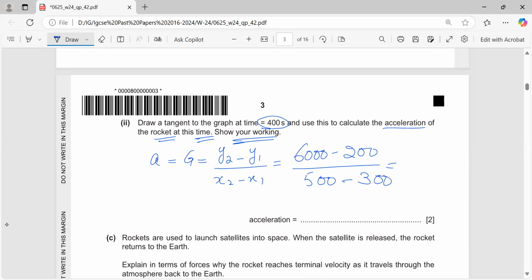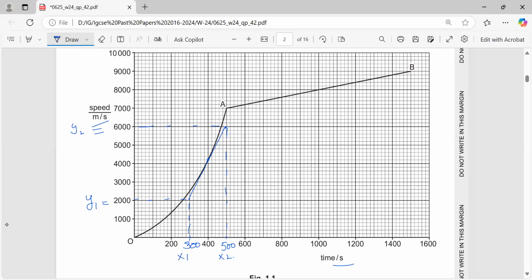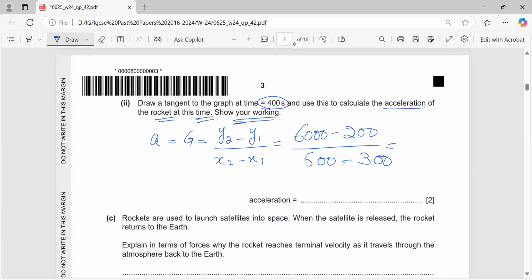Let's confirm. 6000, 2000, 500 and 300. Yes, Mariam, you said the answer is 20. Yes, okay. So the answer is 20. So I'm just following, 20 meters per second square. Yes, Mariam, it's okay. 20 meters per second square.